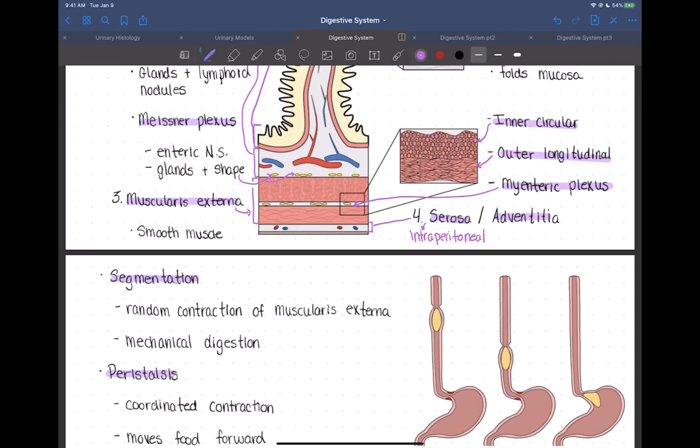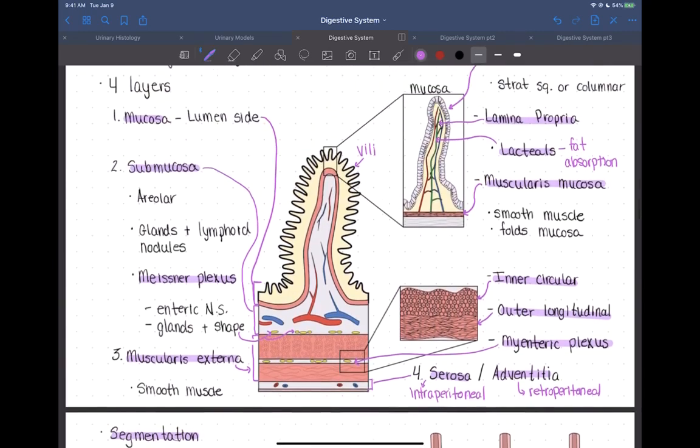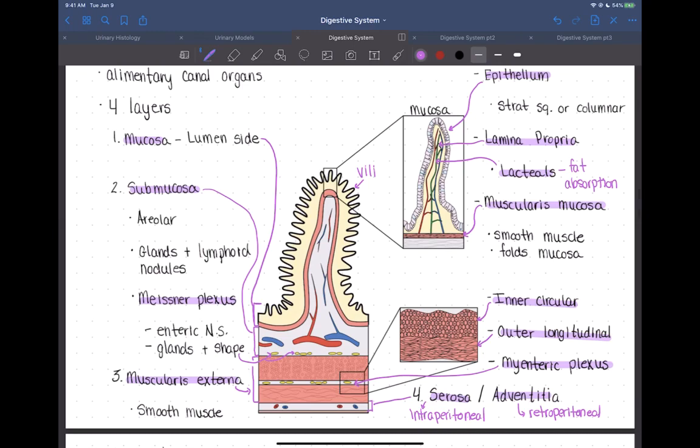That's simple squamous with connective tissue. If it is retroperitoneal, it's going to be surrounded by adventitia. Okay. All right. So those are our four layers. So mucosa, submucosa, muscularis externa, and then either serosa or adventitia, depending on which organ we're discussing.